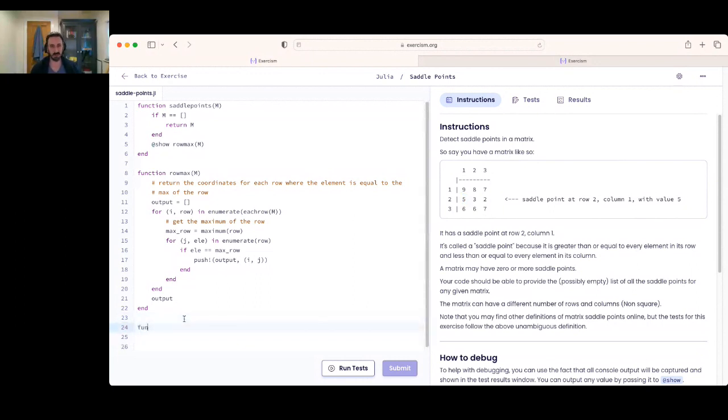So let's give it a go. Let's add the column minimum function. Column min m, coordinates for each column. The element is equal to column.